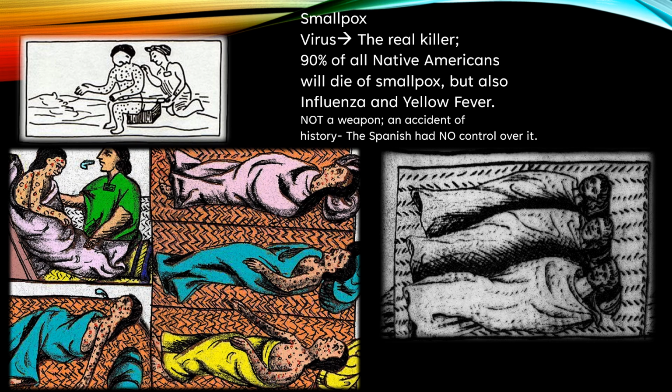The Native Americans had no natural immunity to these diseases. Smallpox is highly contagious. And so 90% of all the Native Americans are going to die of smallpox. But also, and we don't know these numbers exactly, various forms of influenza and yellow fever.